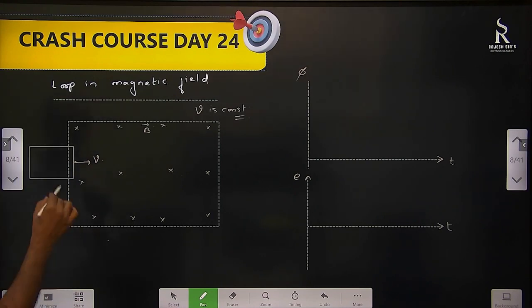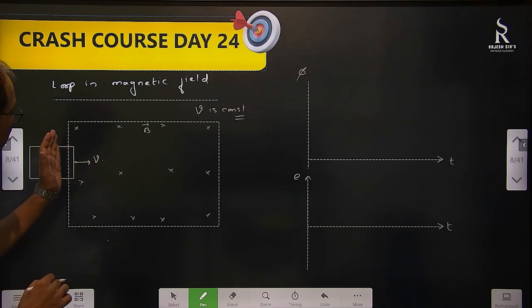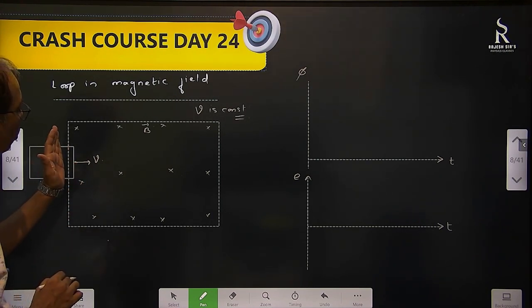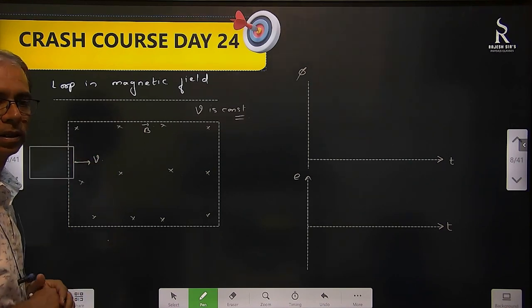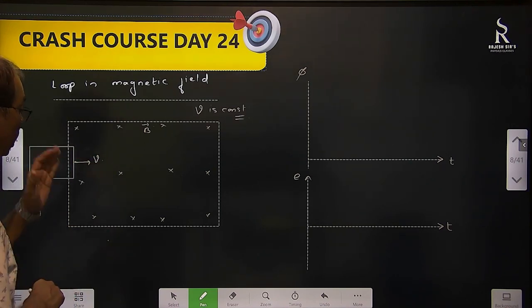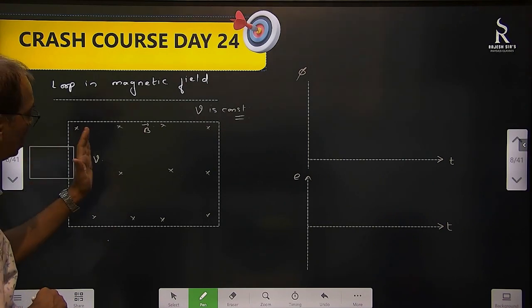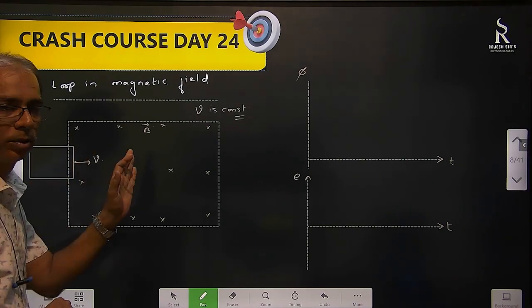As it's entering, you can see that the area of this loop in the magnetic field is increasing.